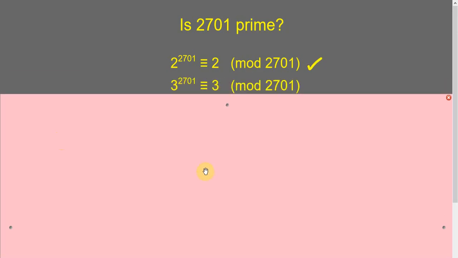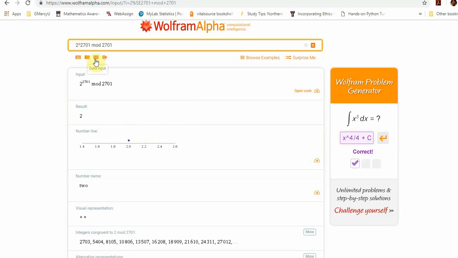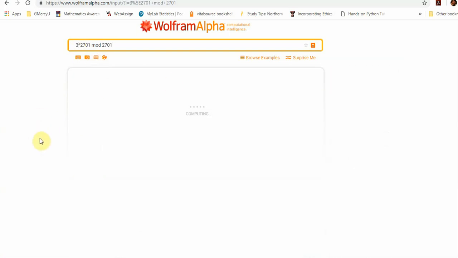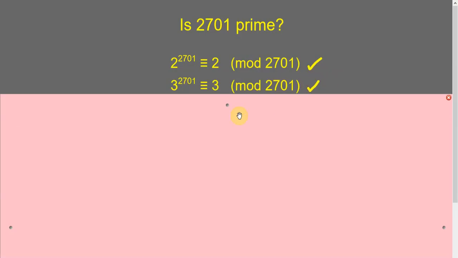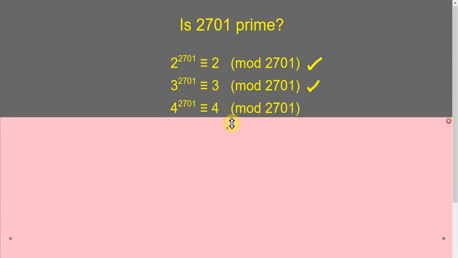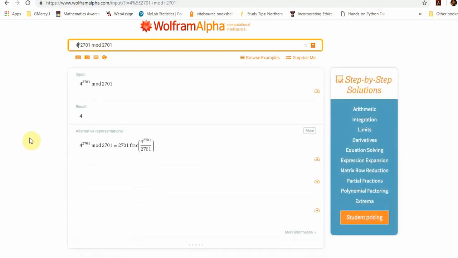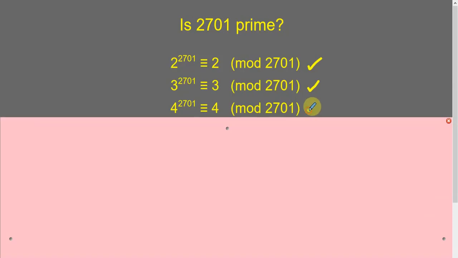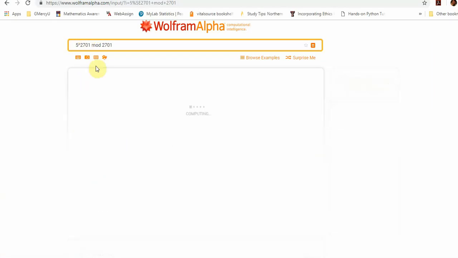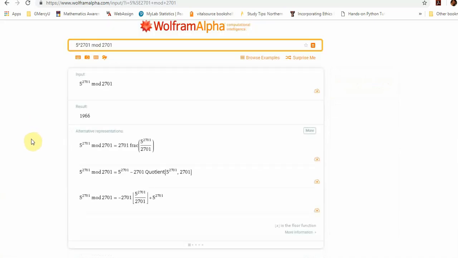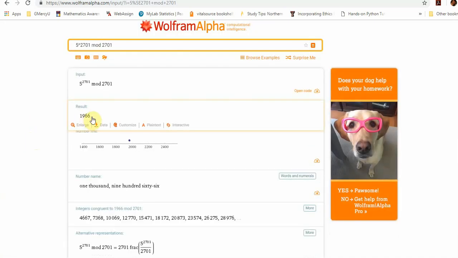Let's try 3. 3 to the 2701 mod 2701 is 3. Looking good so far. 4. 5. 1,966.